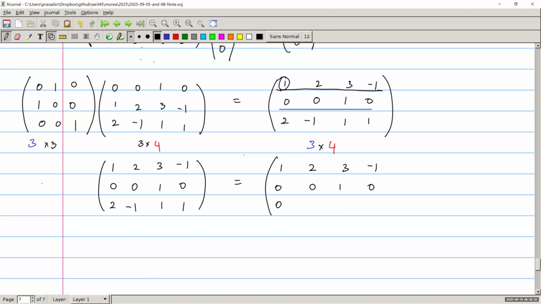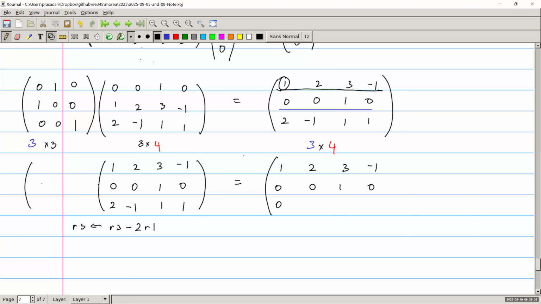The pivot row is row 1, so you have to add or subtract some multiple of row 1. What multiple of row 1 will make this entry 0? 2. Should you add or subtract? So the new row 3 is row 3 minus 2 row 1. This is what we need.